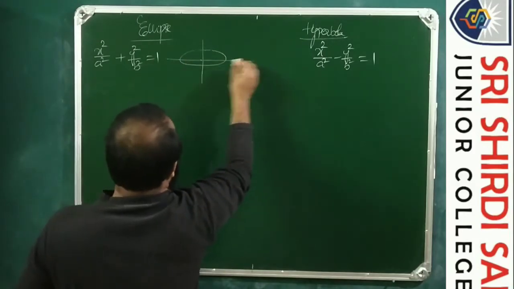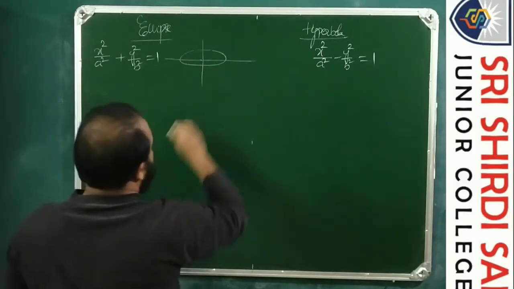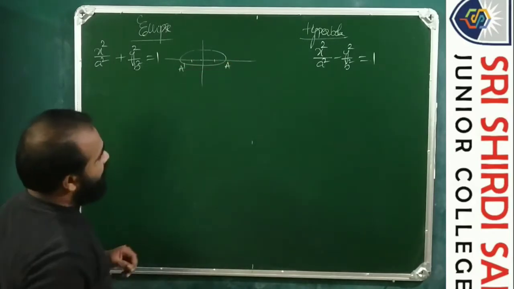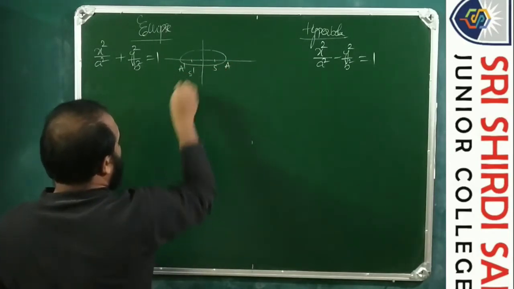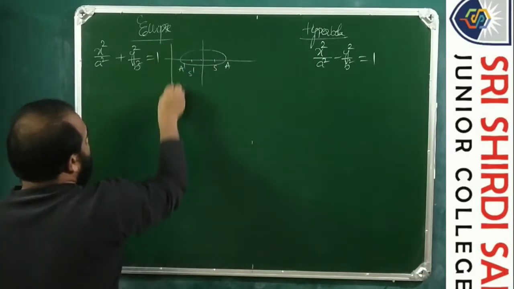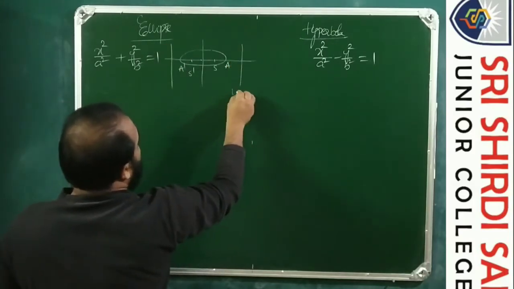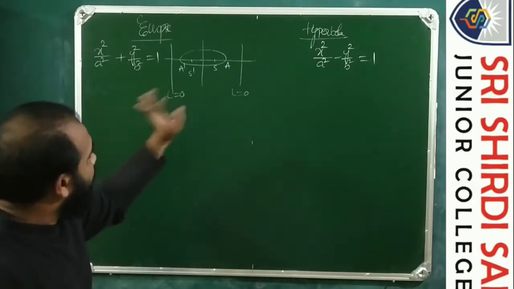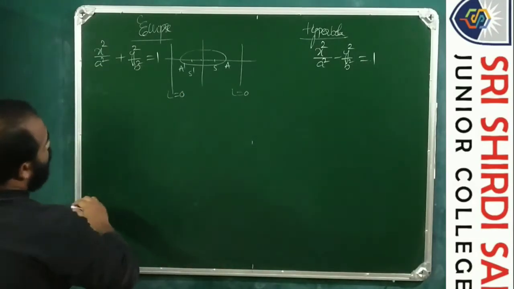The diagram for this is this, and A, A dash are the vertices, S, S dash are the foci, L equals to 0, L dash equals to 0 are the directrices.